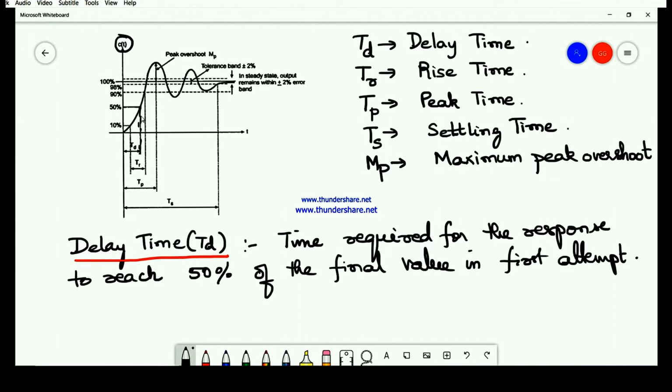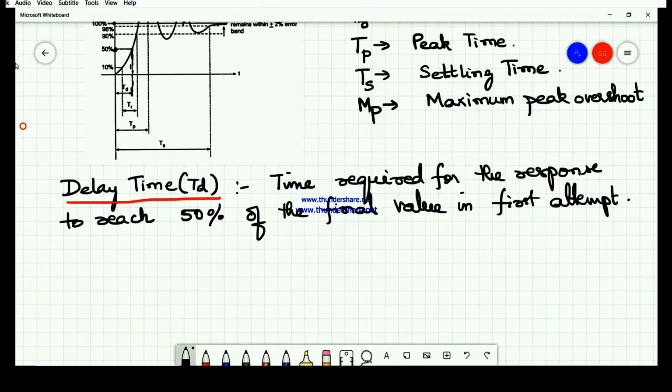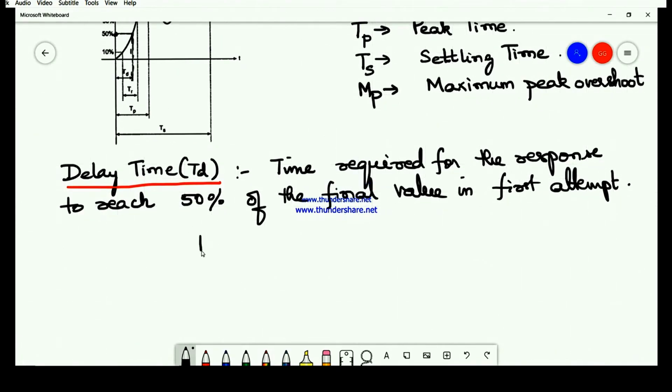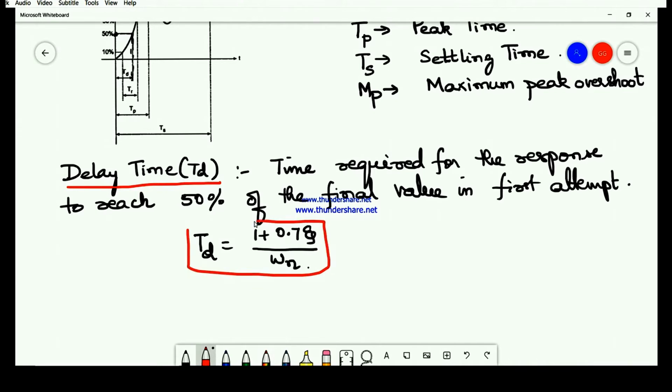So 50% of the output from 0% is what we normally define as delay time. 100% is the output that we need to get, whereas when we reach 50% of the final value, we say that it is the delay time, and it is denoted by TD equals 1 plus 0.7 zeta divided by omega n.